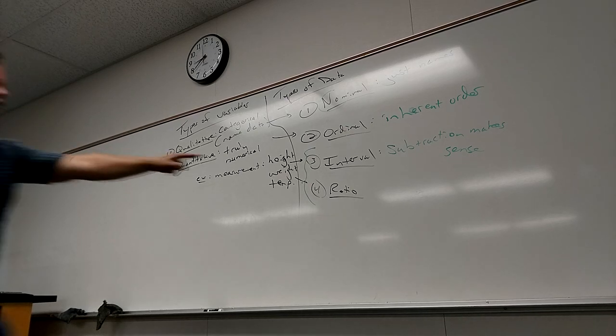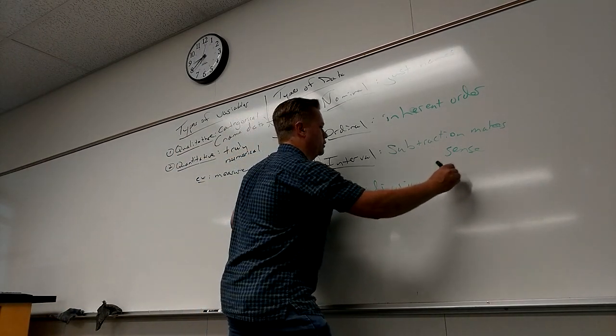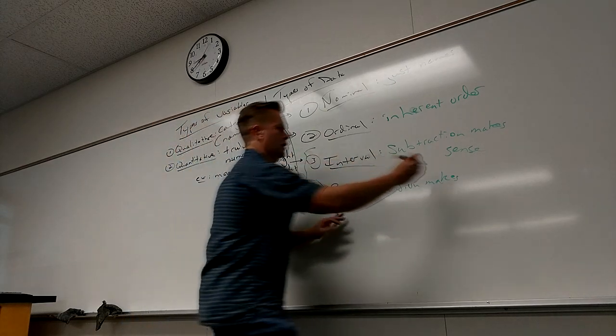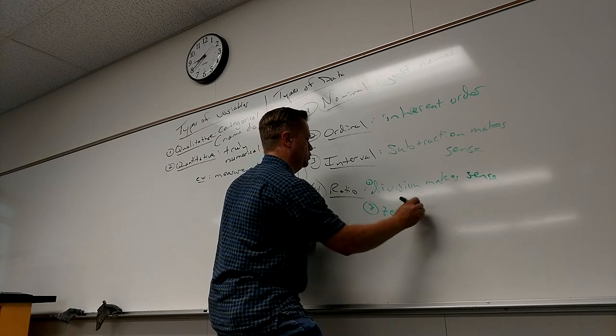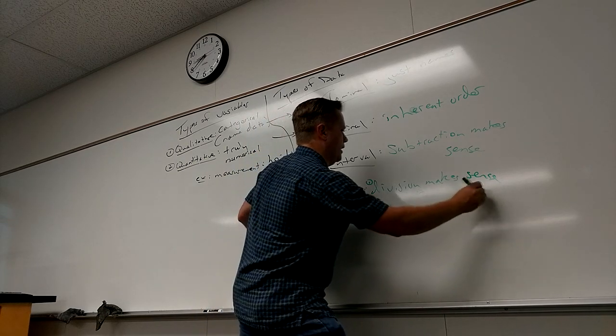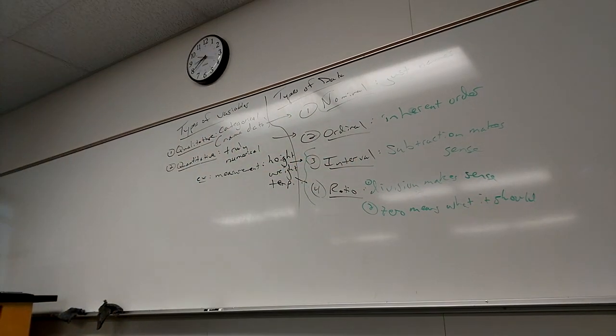So ratio is where division makes sense. Why would division make sense? Because 0 is where it's supposed to be. Division makes sense, and 0 means what it should. So what about age? So year of birth is interval, because I can subtract them and it makes sense, but division doesn't. And also, the years don't have 0 in the right place. What about age? What does 0 mean as far as age? It means you don't exist yet. You haven't come into the world, right?